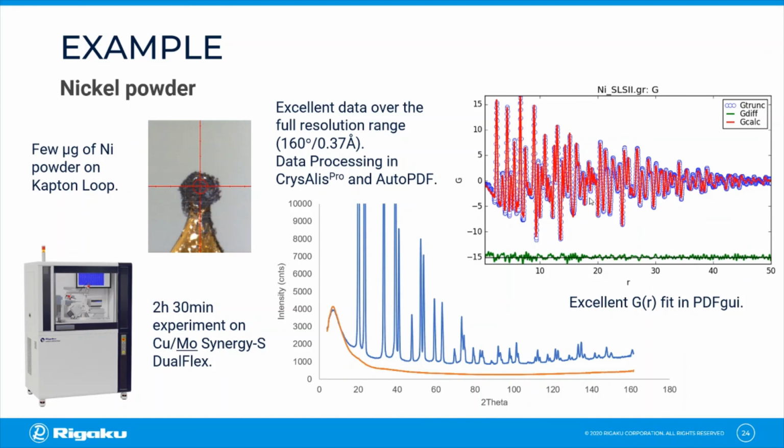And this means the fit is extremely good. Nickel powder is kind of a standard for this kind of application, and this is a nice proof of principle that we can do it, and we can do it well.